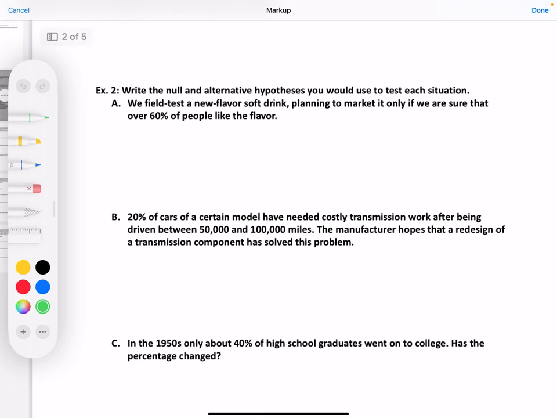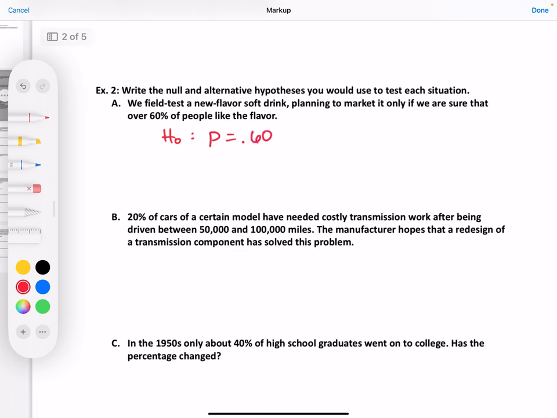All right, so write the null and alternative hypothesis you would use to test these situations. So all we're doing is writing the H0 and then the HA for this particular problem. So we field test a new flavor soft drink, planning to market it only if we are sure that over 60% of the people like the flavor. So our null is that P is equal to 0.6.